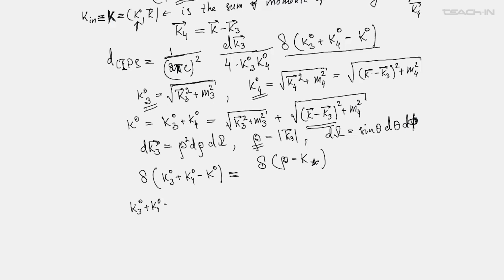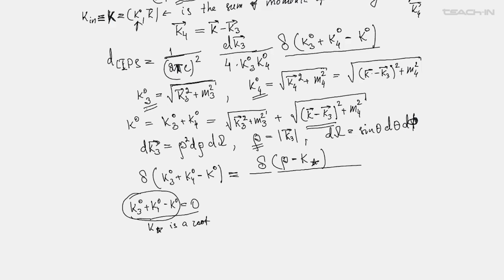So what I want to do is make a change of variables in the delta function. And when you make this change of variables, you know how to do it. You need to take a delta function rho minus K star, where K star is a root of this equation, divided by the derivative of this function, which appears under the sign of the delta function, over the variable rho, evaluated at K star.